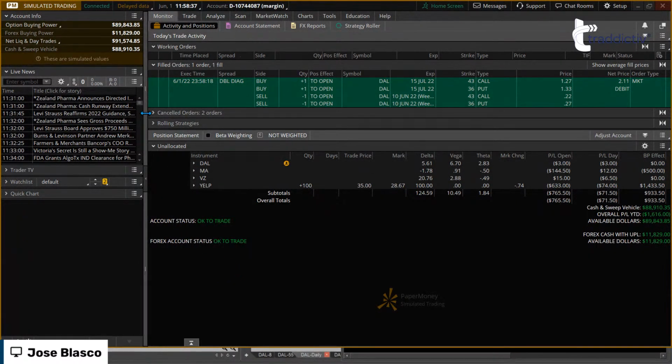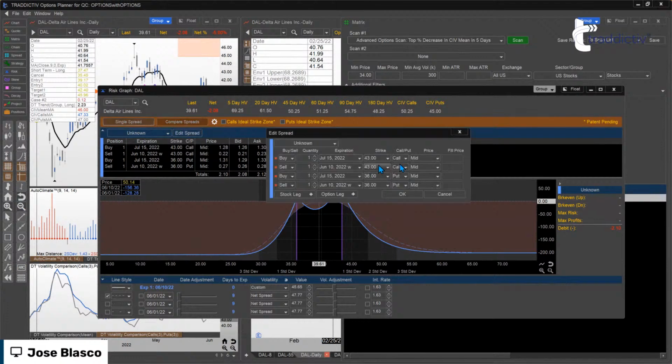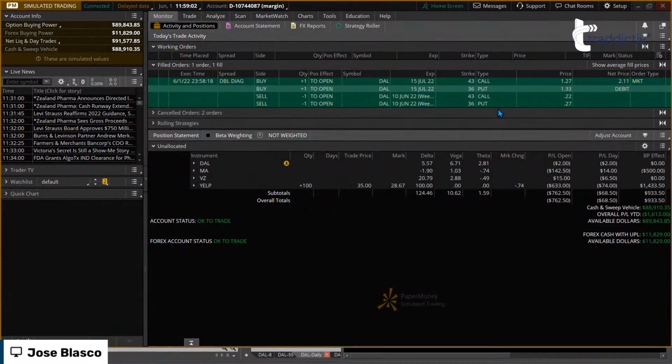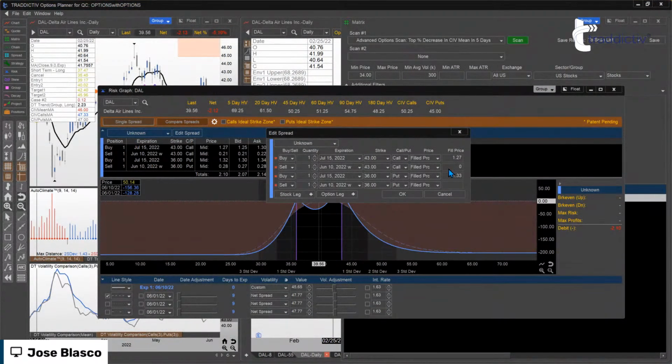Anyway, I got my fills. The fills I got are 1.27 and 1.33, so buy 1.27, 1.33, and for the sell, 2.27, which is 2.11.